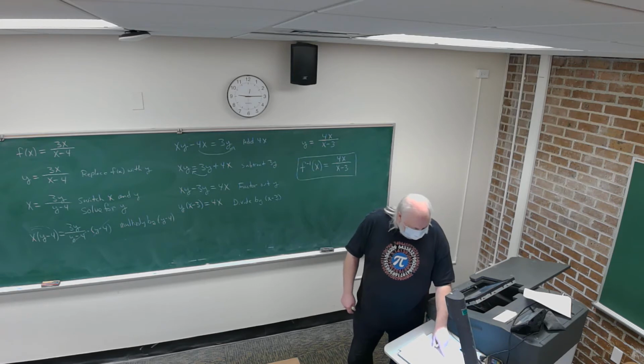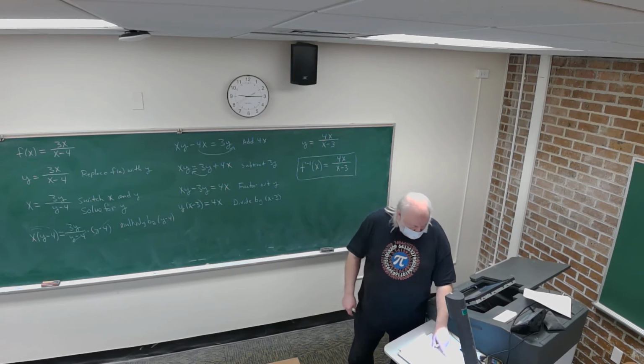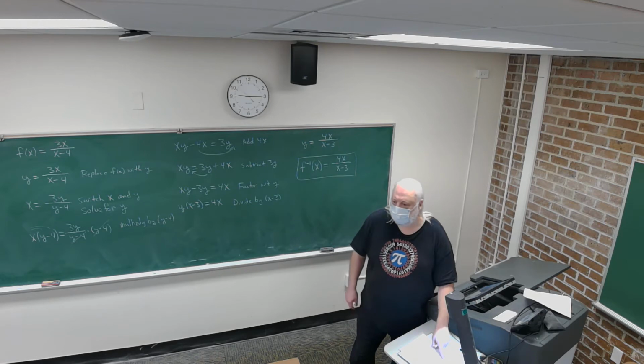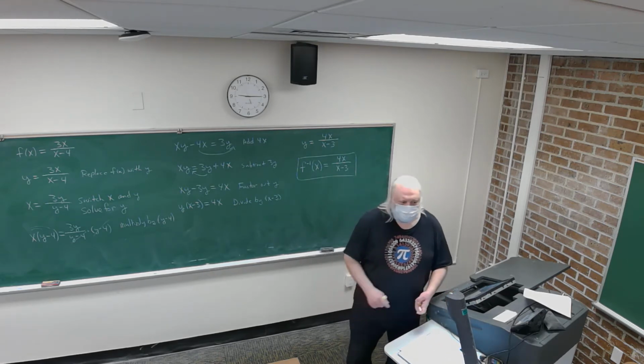And the range of the inverse function and the domain of the one-to-one function f are the same set of numbers. So if we know the domain of f, we automatically know the range of the inverse function. And if we know the domain of the inverse function, we automatically know the range of f. So we take advantage of that relationship.